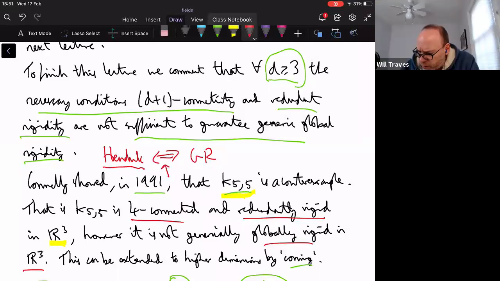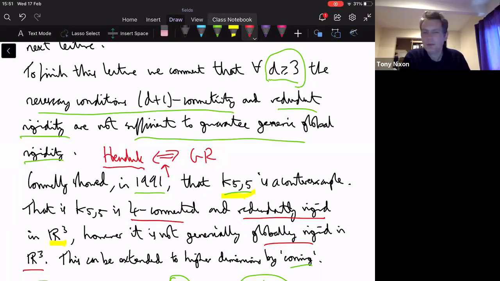And is it easy to see that K55 is not globally rigid? Not to me. I did not try to draw a second equivalent but non-congruent realization. I think Connelly's paper is very short, and what he does is work with the stress matrix. Sean, is it obvious to you from the Bolker-Roth stuff? There's something about the diagonal of the stress matrix, but I'm not sure how to explain it.